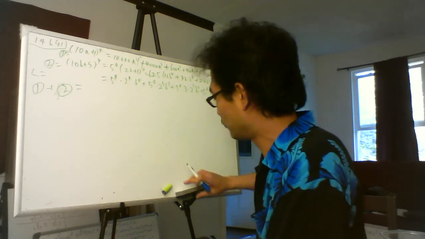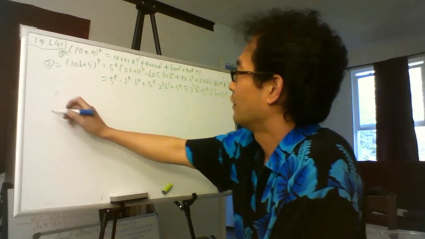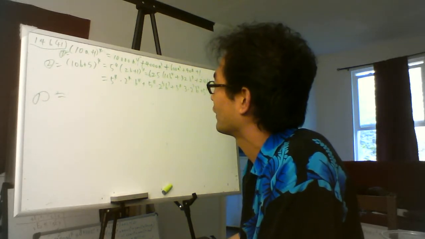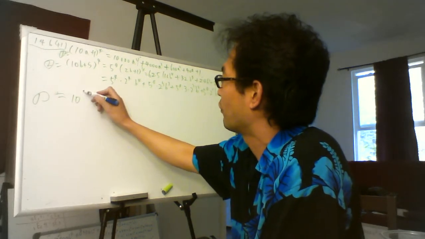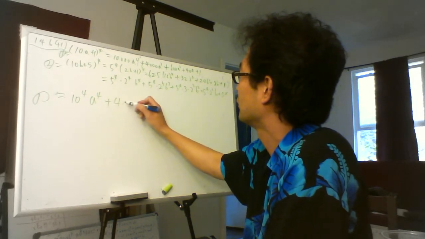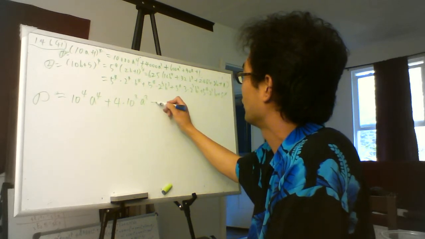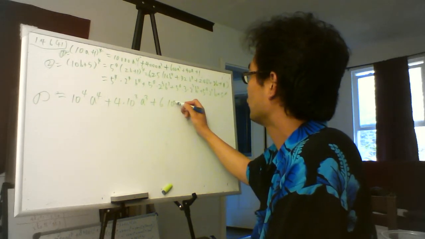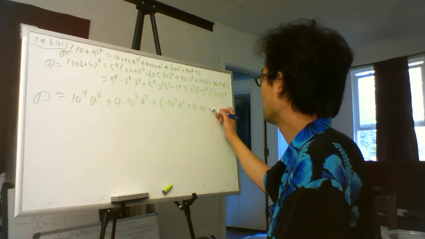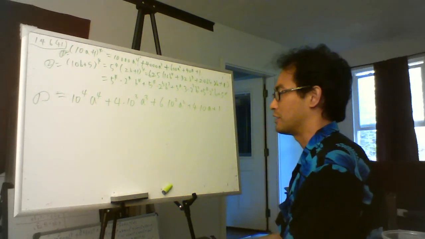Before we do that, let's simplify number one. Number one is equal to 10 to the fourth, a to the fourth, plus 4 times 10 to the third, a to the third, plus 6 times 10 to the second, a to the second, plus 4 times 10 to the fourth, a to the fourth, plus 1. That's binomial expansion.